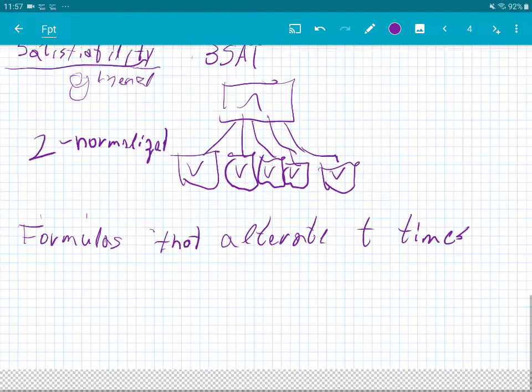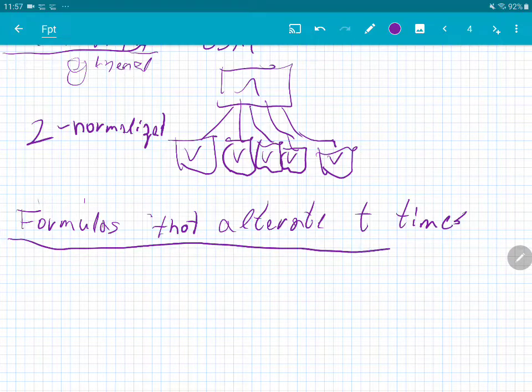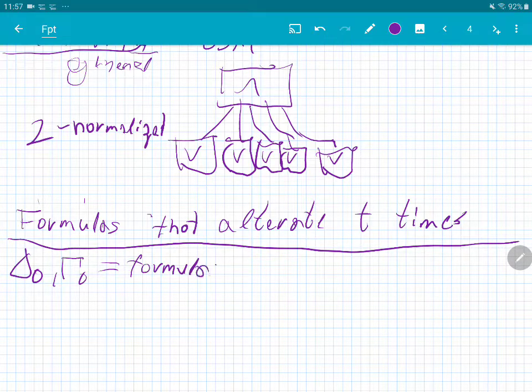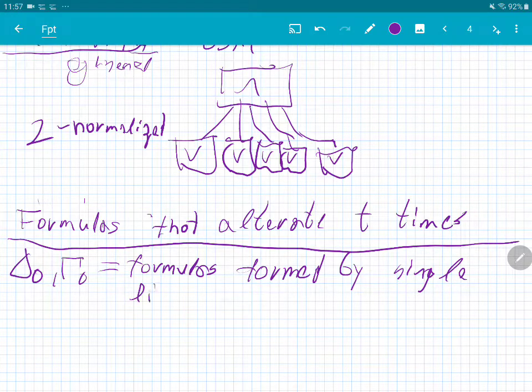Okay, so formally, let's write it down. Gamma zero and delta zero are formulas formed by a single literal. Right, so this is boring.